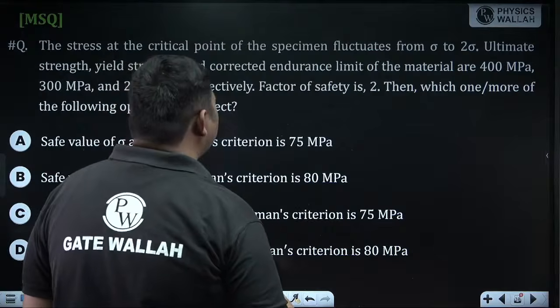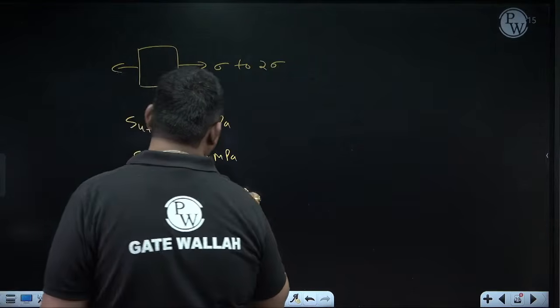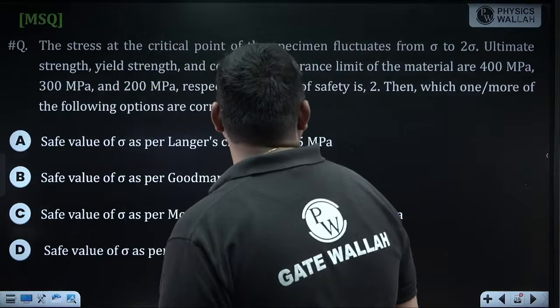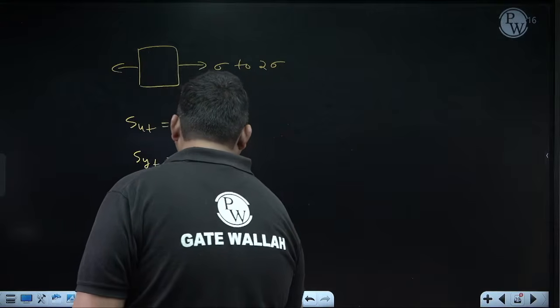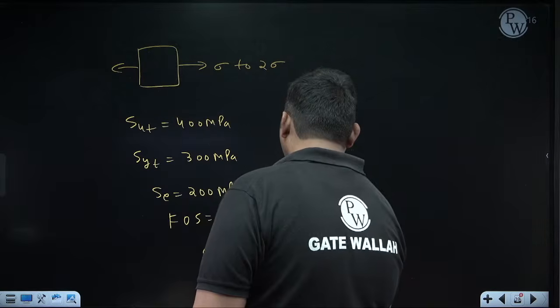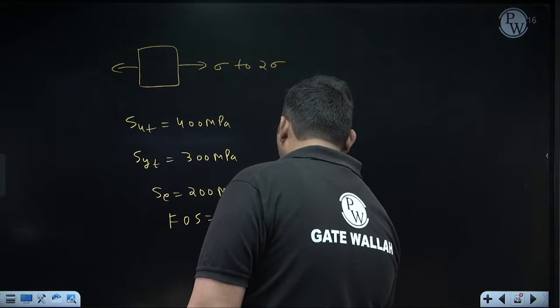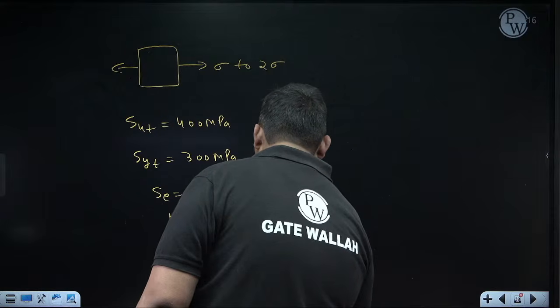And SE, that is corrected endurance limit, is 200 megapascal. Factor of safety is 2. So we have to find the safe value of sigma as per Langer's criteria, also as per Goodman's criteria, and as per modified Goodman.